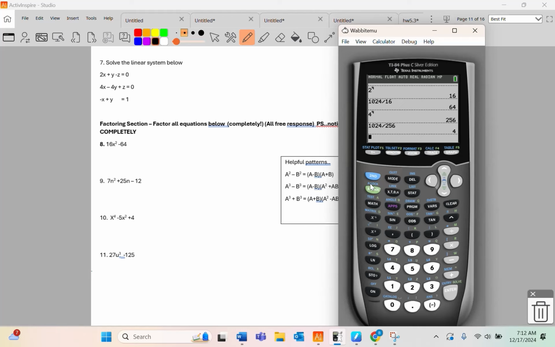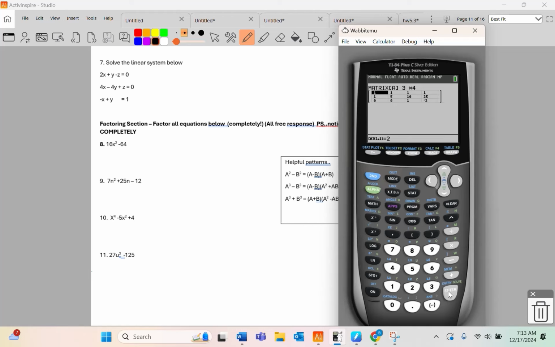All right, so where are we at? We're at second matrix. I'm going to scroll to edit. And what are the dimensions of this thing here? It goes rows and columns. We have 3 rows and we have 4 columns.